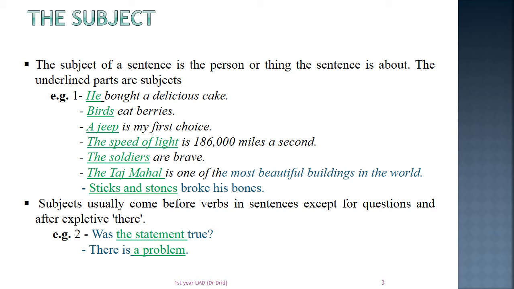For example, an example of a question, was the statement true? We see that the subject and the auxiliary are inverted. So, the verb comes before the subject. There is a problem. Here, the subject of this sentence is a problem.